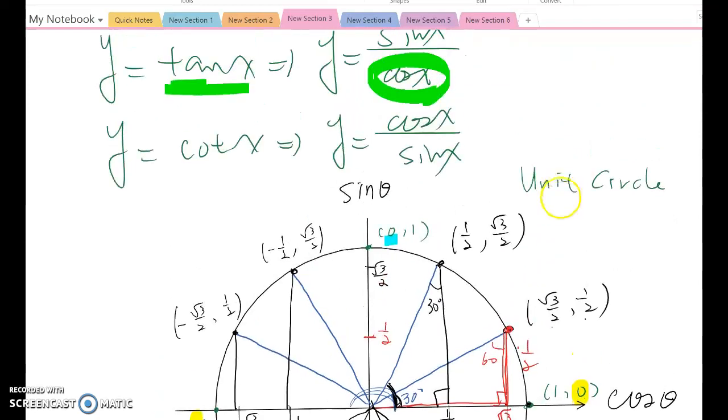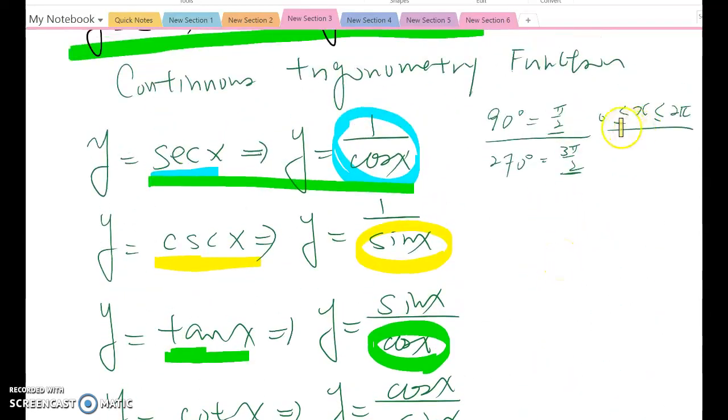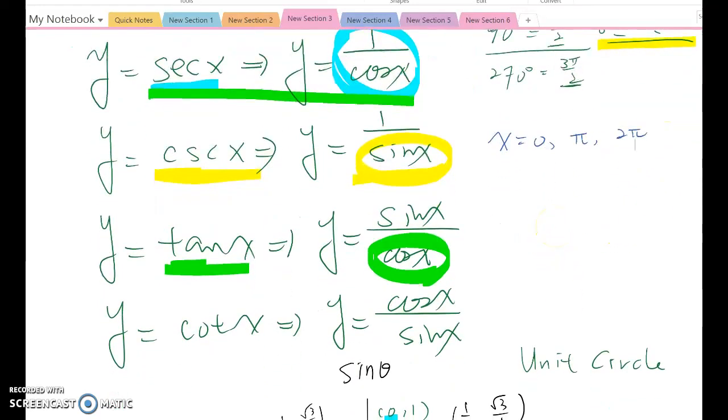The same way, if we limit the domain x between 0 and 2 pi, then whenever we ask you to find the limit using the vertical asymptote, the asymptotes will be at x equal to 0, pi, or 2 pi. Now, as you see, cosecant x and cotangent x both have sine in the denominator, so their behavior is also very similar to each other.